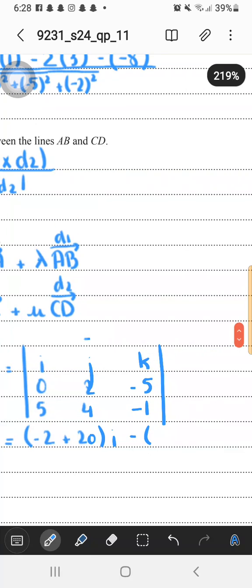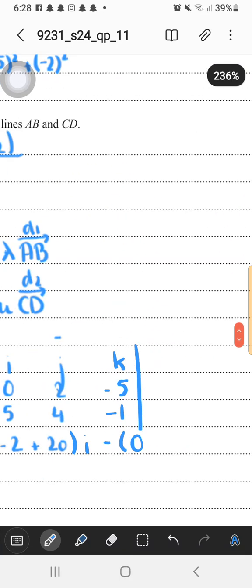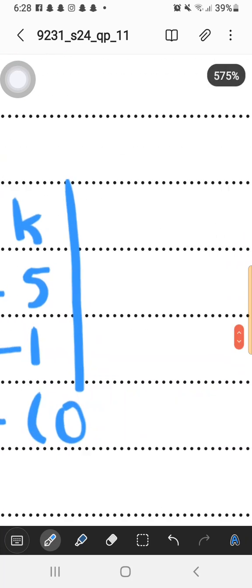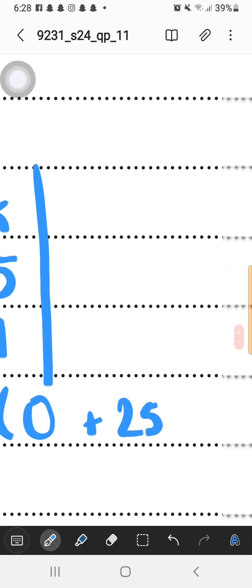Minus 0 multiplied by minus 1 is 0. 5 multiplied by minus 5 becomes negative 25 and the sign will change, it becomes positive 25, j.